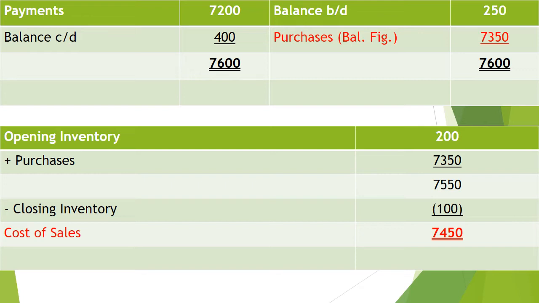So opening inventory 200 plus purchases, that is the balancing figure 7,350, the total will be 7,550, less closing inventory 100, and the cost of sales is 7,450. That was the correct option.